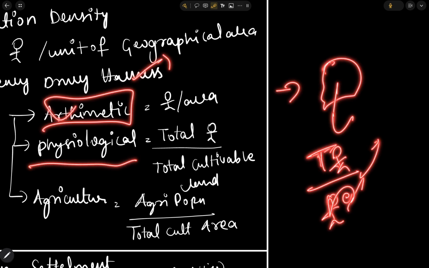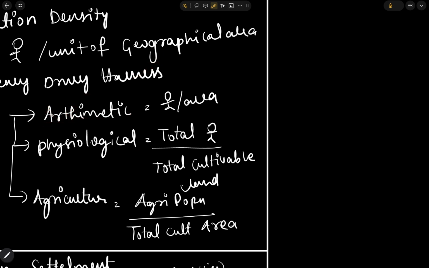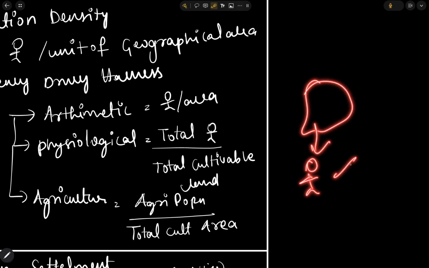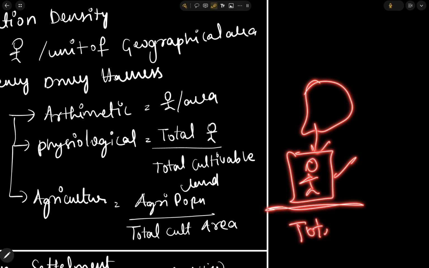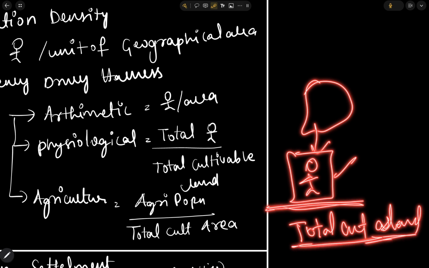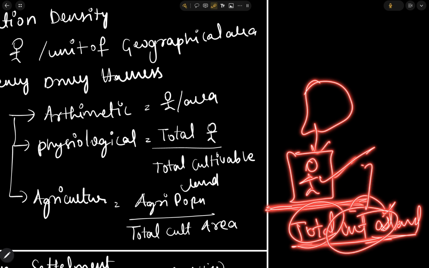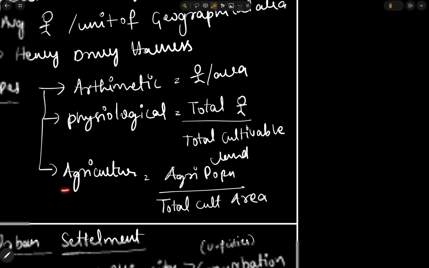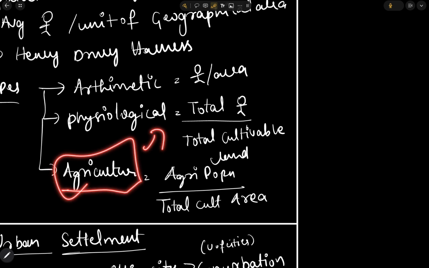Next we have the physiological population density. In Telangana we include the total population, as in the first arithmetic one, but we divide it by the total cultivable area or land, that is, the land which is sown or used for agriculture. Next we have the agricultural population density.